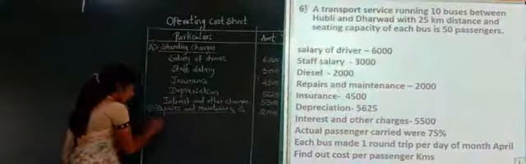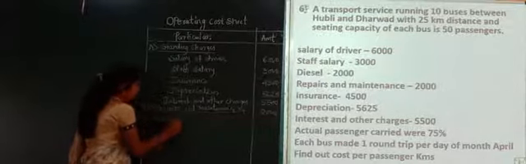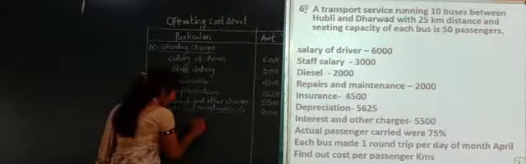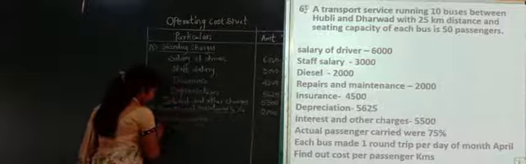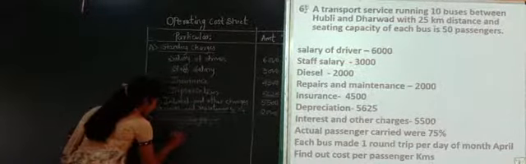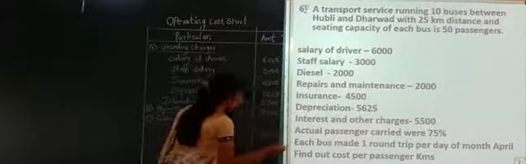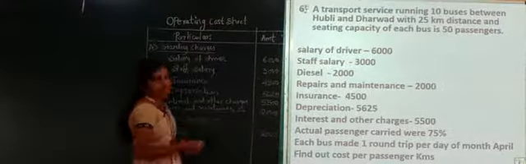Then the third part under the operating cost sheet is running charges. Under running charges, diesel and other lubricating oil will come. The diesel amount given is 2,000.